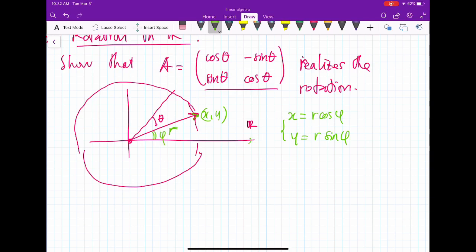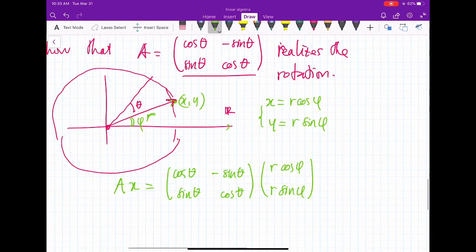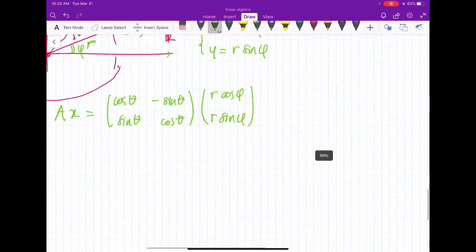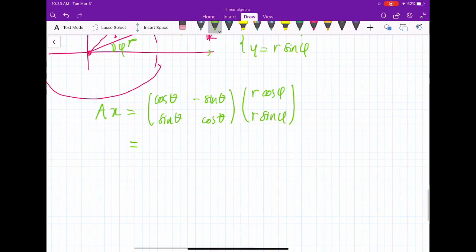Now let's apply A to (x, y). Multiplying, since r is just a number, we can take r out.